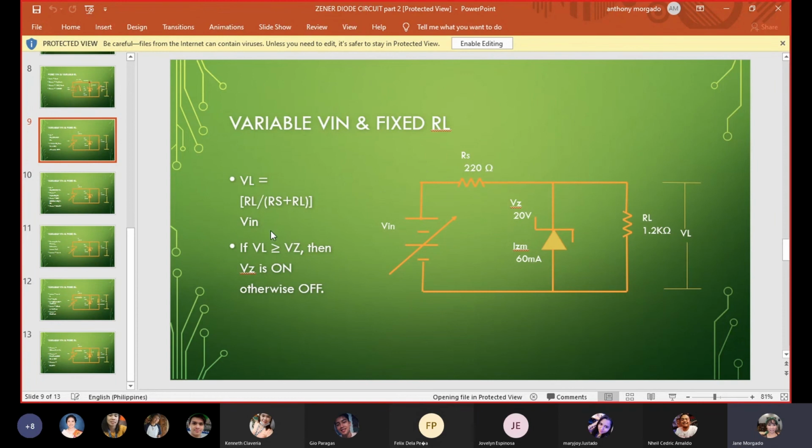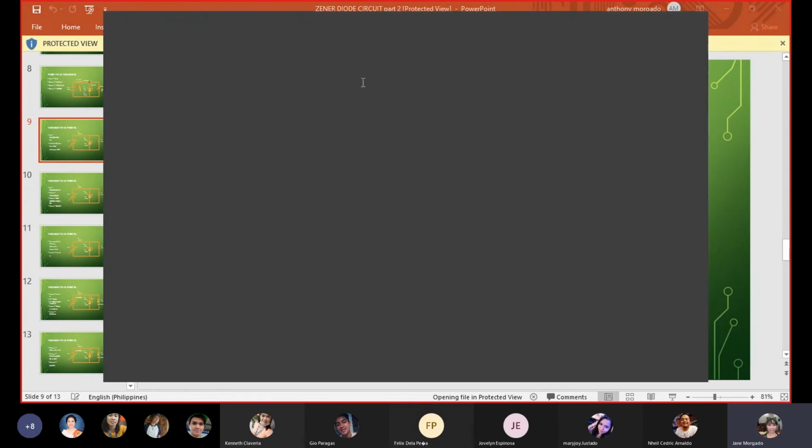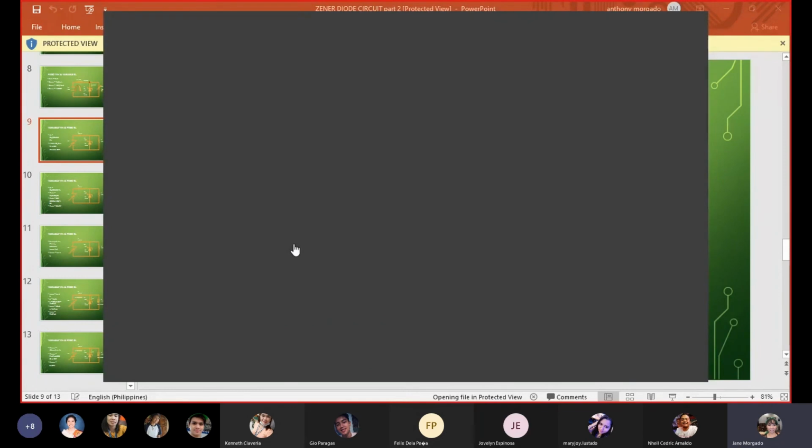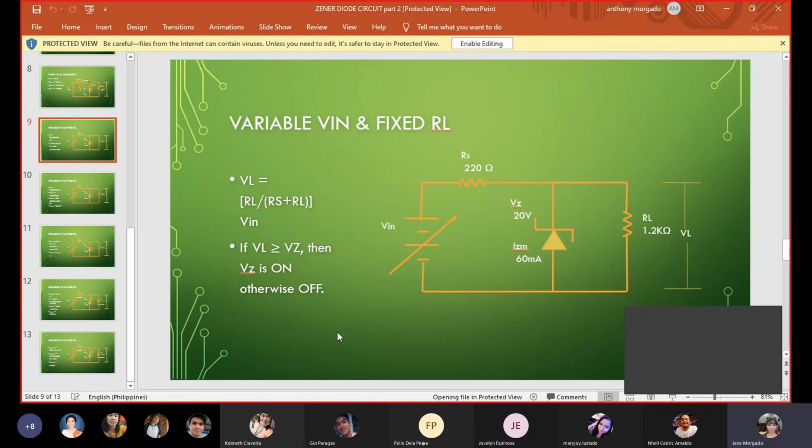What do we call this formula, class? Voltage divider. So we call it the voltage divider principle. Okay, still VL is equal to RL over RS plus RL times V in.